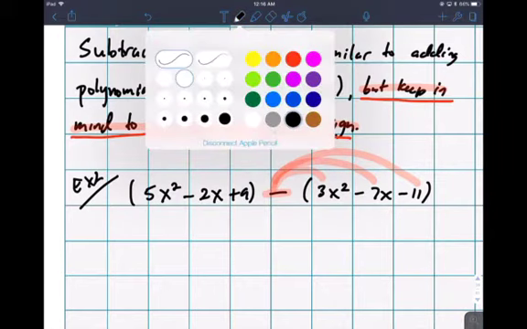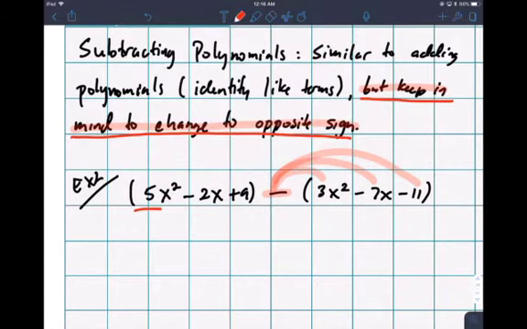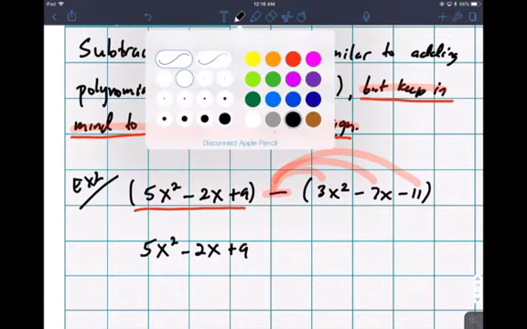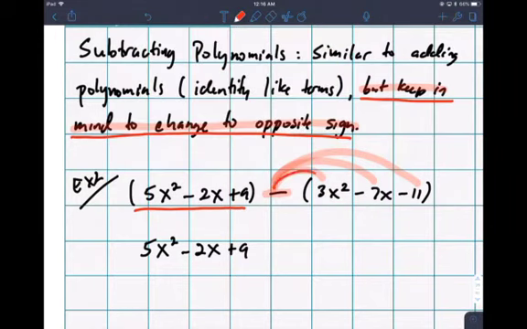Notice that nothing is happening to this, so that stays the same. It's simply 5x squared minus 2x plus 9. And when I distribute the negative sign, negative and positive becomes negative, so this becomes negative 3x squared.